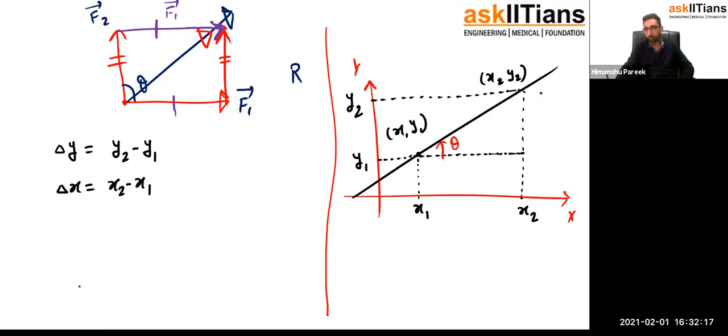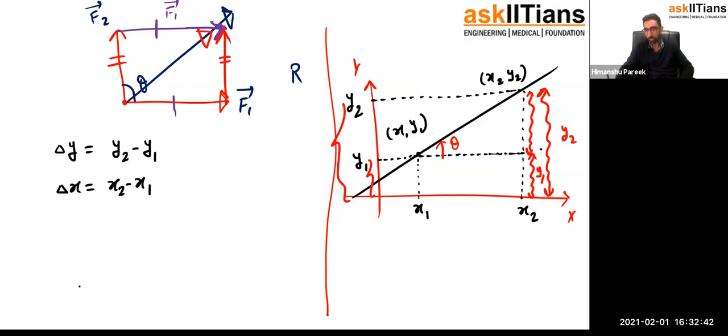Can you tell me what will be the length of this line? Total length. It will be y2, the total height, because that's the coordinate y2. And what about this one? It is y1, because that's the total length y1. So if this is y2 and this is y1, then what will be the remaining one?